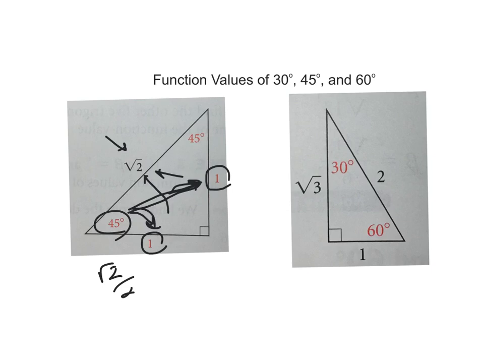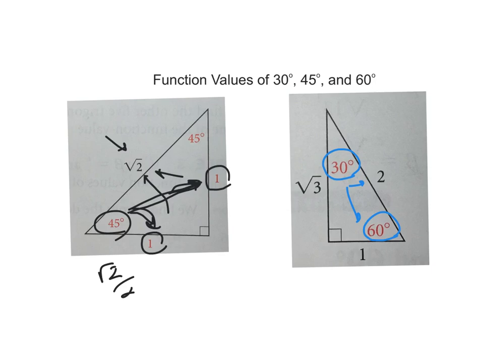Now, if you look at this 30-60-90 triangle, if you start off with the 30, think about sine. Sine is opposite over hypotenuse. It'd be 1 half. Cosine would be adjacent over hypotenuse, so it should be square root of 3 over 2. Look at the 60. Sine would be opposite over hypotenuse, square root of 3 over 2, which we just said for cosine 30, by the way.